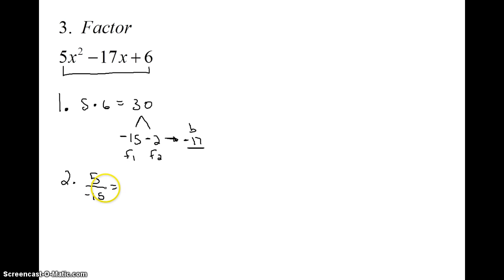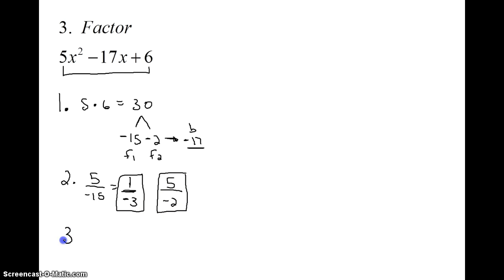You have to reduce the fraction, so this turns into 1 over negative 3. Now you see the negative on the bottom. Jaime Escalante's method says that you have to keep the negative on the bottom, because you'll see in a little bit in step number 3 why we need it on the bottom. So this is my first fraction reduced. The second fraction is a again, so 5 divided by the second factor, which is negative 2. You cannot reduce this fraction, so here we have the second fraction.